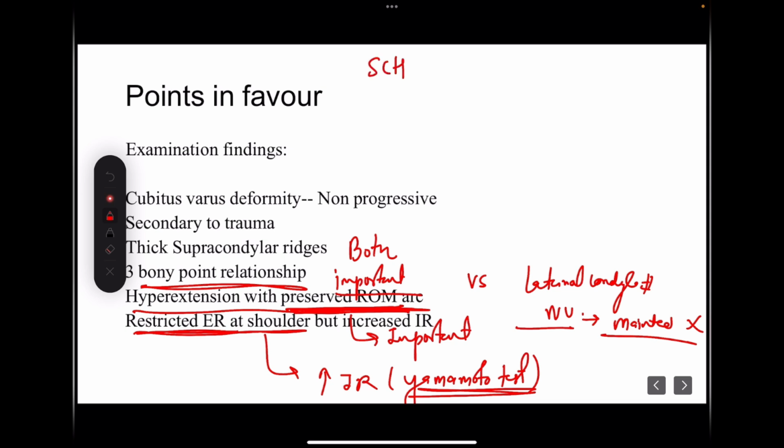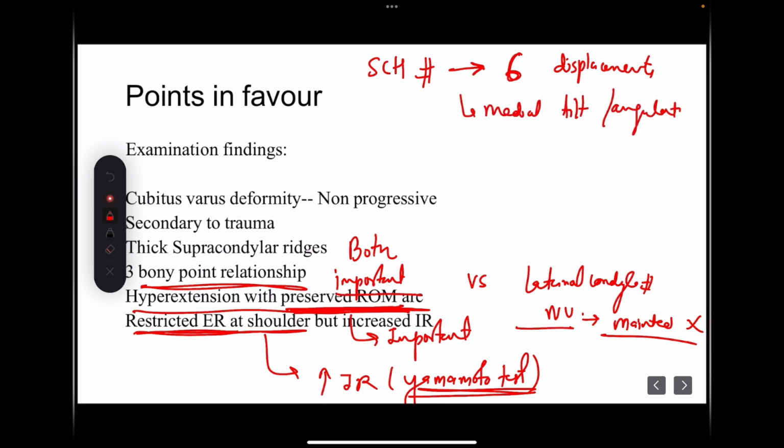Because supracondylar humerus fracture, when it malunites, it has 6 displacements usually. One is medial tilt with angulation. It can have posterior tilt or angulation. It does have impaction, that is shortening, and it does have internal rotation.